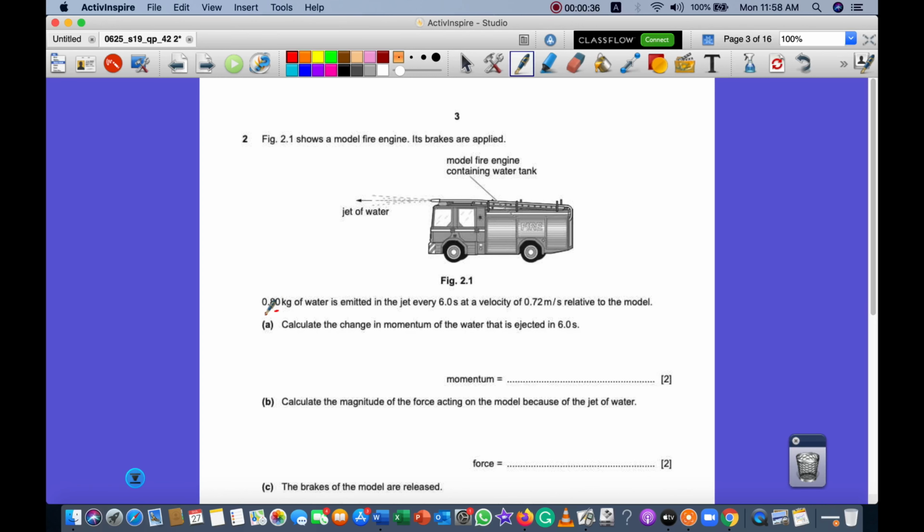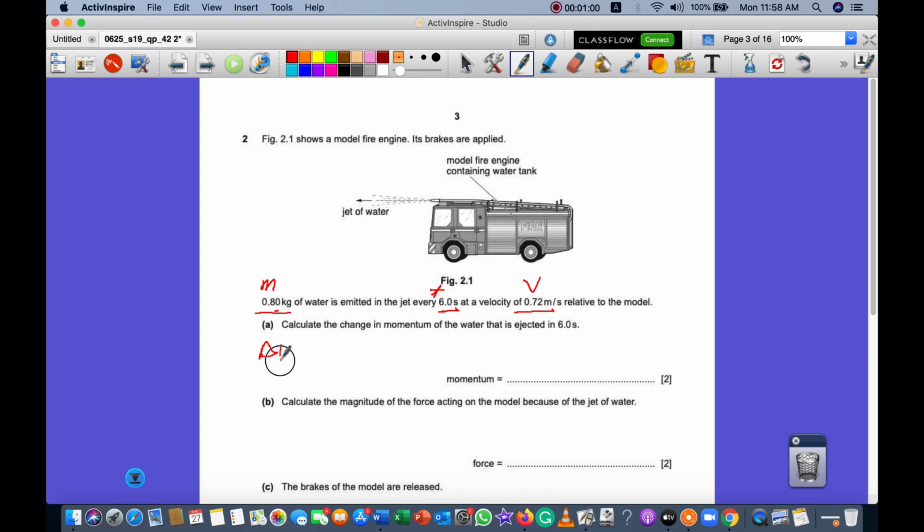As you see, we have the mass, which is 0.80, so this is the mass of water. And here we have the time, which is 6 seconds. 0.72 meter per second is the speed. He asked me to calculate the change in momentum. You know that change in momentum equals mass multiplied by velocity.